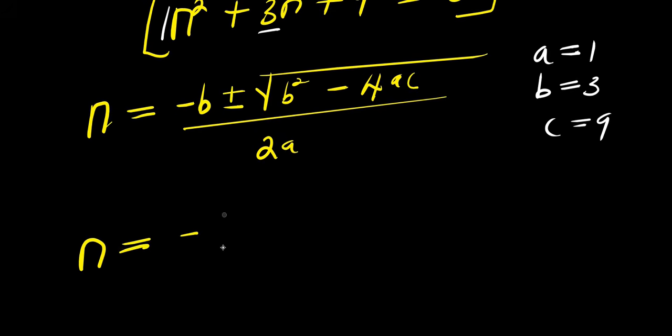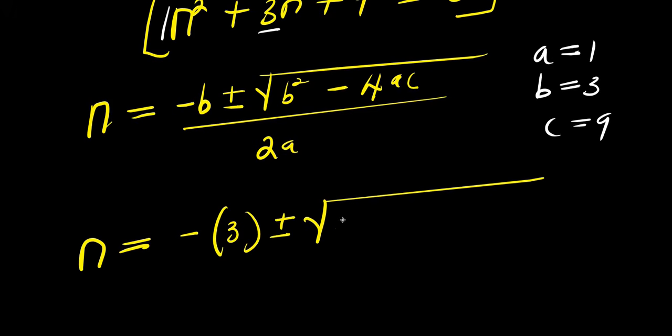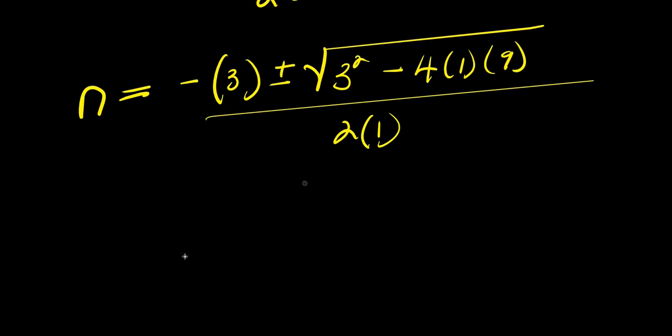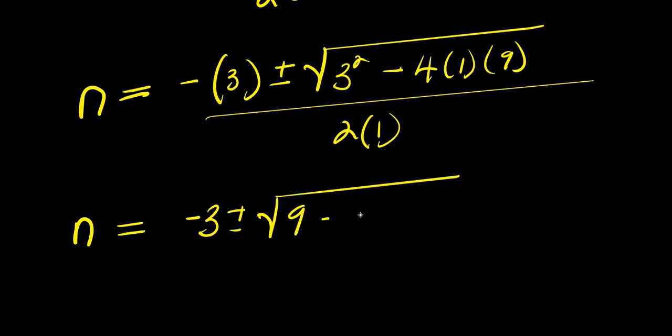N equals negative 3 plus or minus square root of this is 3 power 2 minus 4 times 1 times 9 divided by 2 times 1. So from here, we have n equals, this is negative 3 plus or minus, this is 9 minus 36, divided by 2.